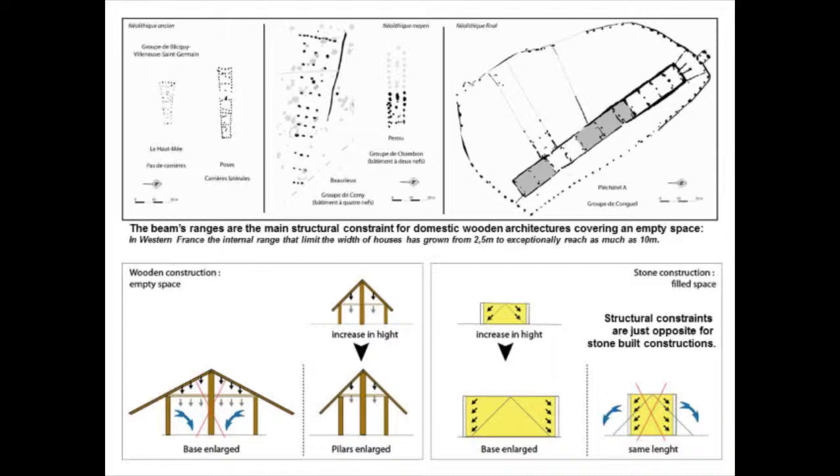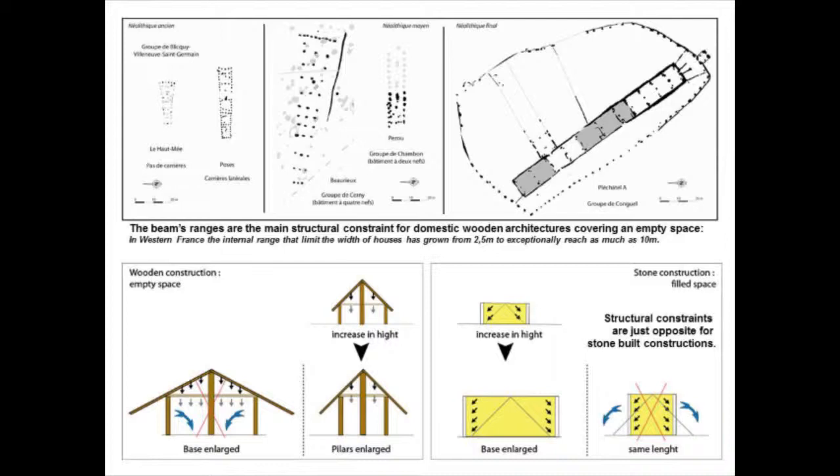The beams range, in fact, grows through the Neolithic in Western France, from 2.5 meters for the ancient Neolithic Danubian houses, to sometimes, in this case, 5 meters, but it can go up to 10 meters in some houses of the final Neolithic.